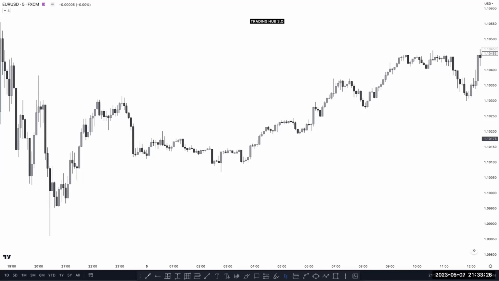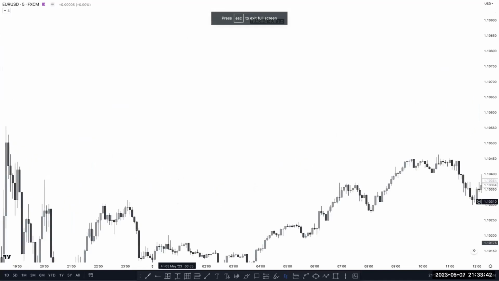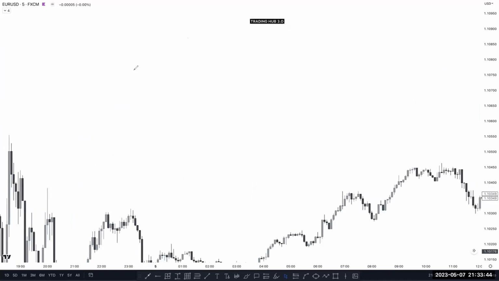Let me show you exactly what I'm trying to explain here. For example, this one is your decisional inducement, and this one is your decisional POI. Correct. What happened here? Market pushed upside and the candle closed over it, and then the market pushed downside.